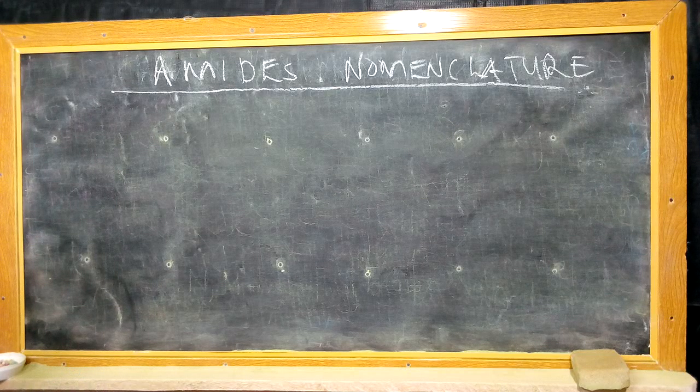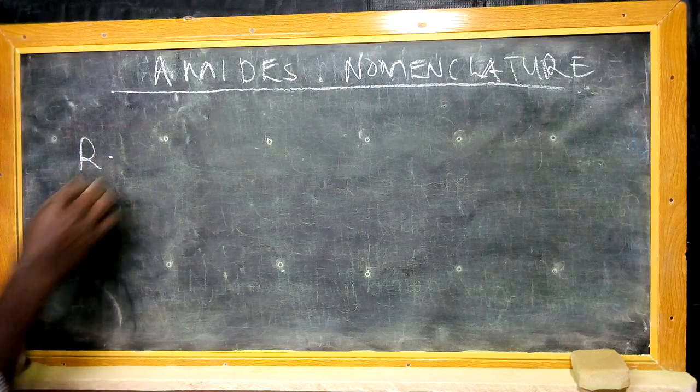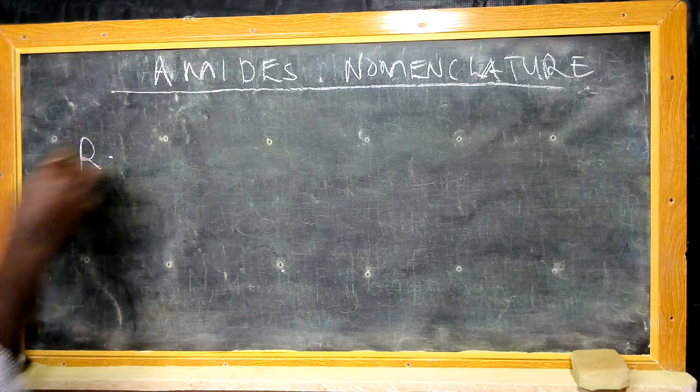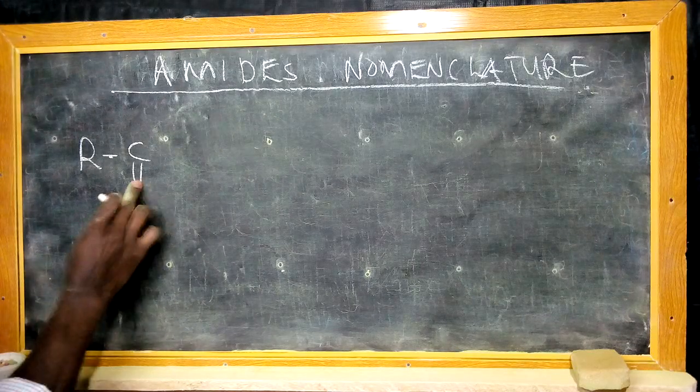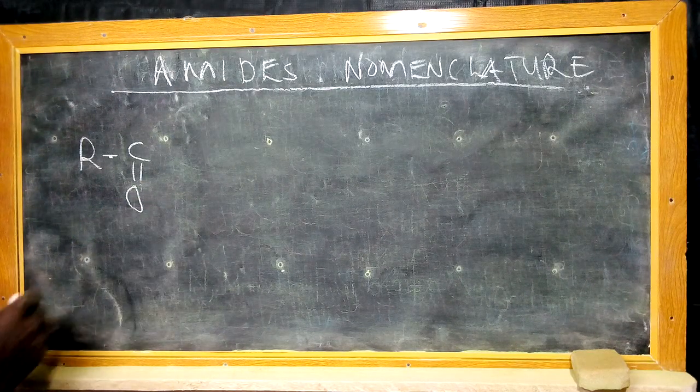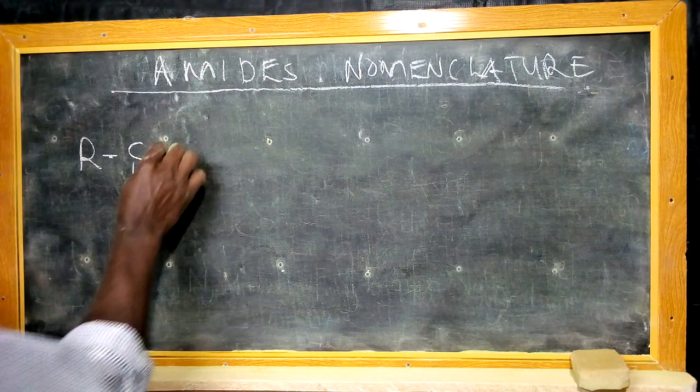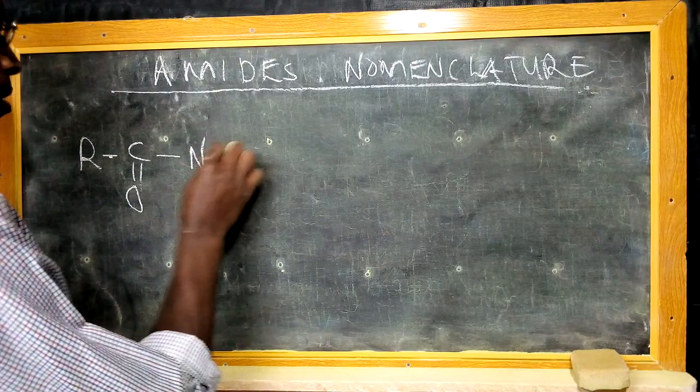So we shall start by indicating the functional group for this particular class of organic compounds. This will assist us to know how these compounds are formed, and that will give us a clue in the nomenclature of the different examples that we are going to demonstrate. So that is the functional group for this class of organic compounds.